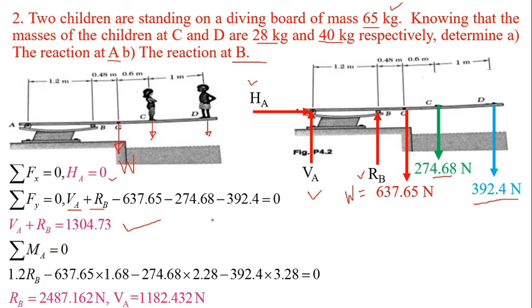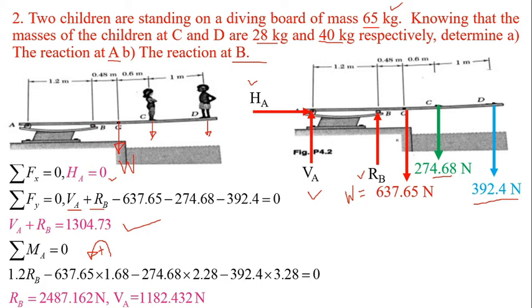Now, let us use the third condition, summation M is equal to 0. It is usual practice to take moment about one of the supports. So, let us take moment about A with the sign convention anti-clockwise moment positive. Summation M about A is equal to 0.